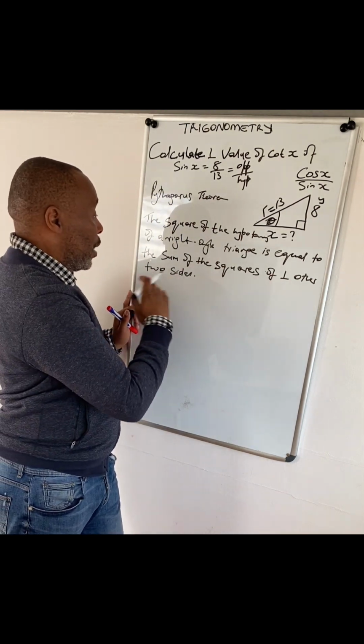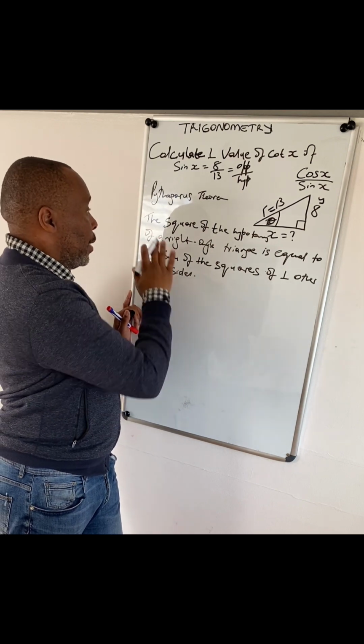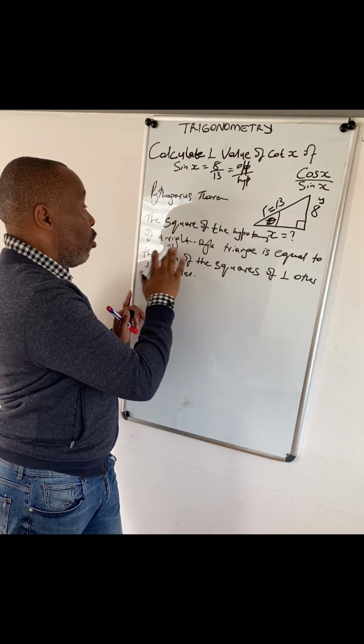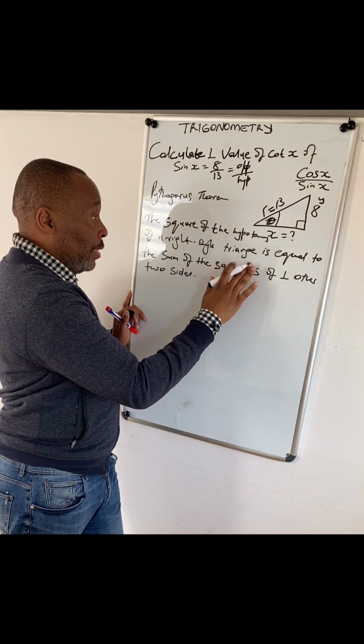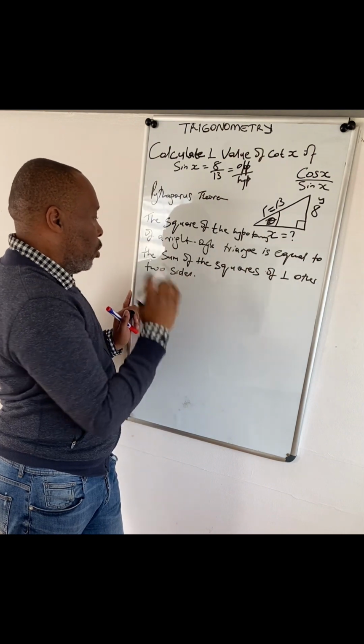Of the other two sides or of the other sides, it's up to you, but it says the square of the hypotenuse of a right angle triangle is equal to the sum of the squares of the other two sides.